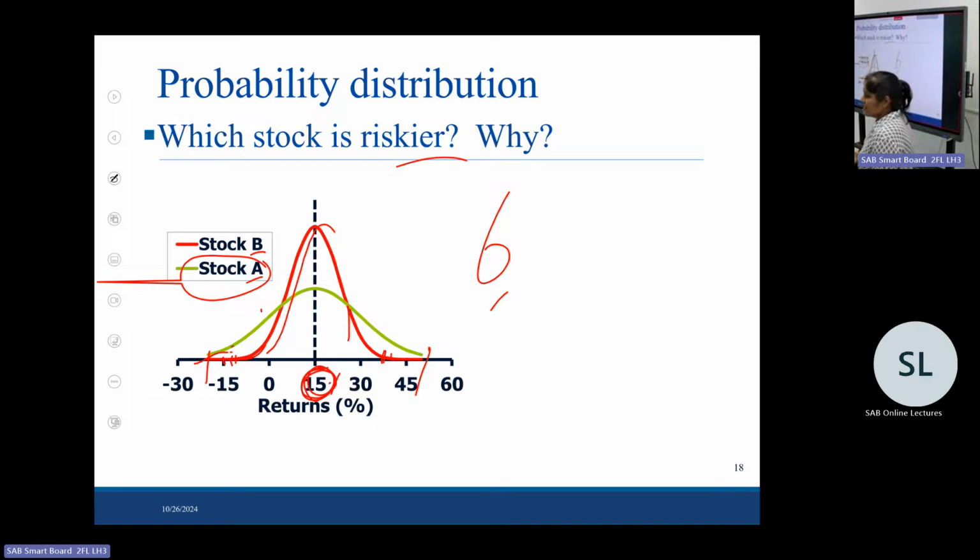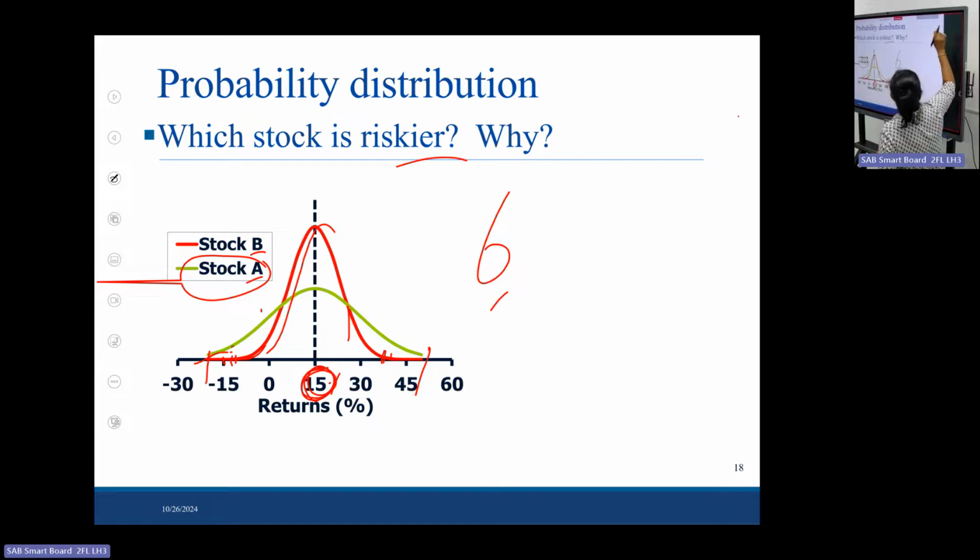So what is the risk? Risk is the variability of return. We calculated the return, assuming this much dividend and this much capital return. So this expected one, let's say we calculated it as expected. It can change. So that possible deviation is the risk.